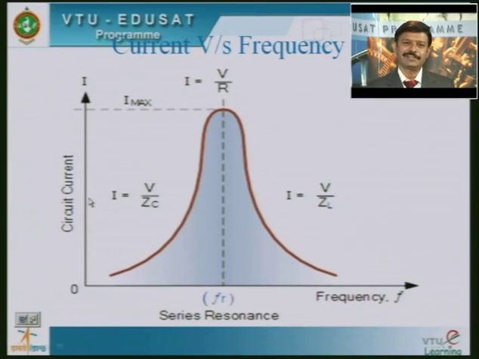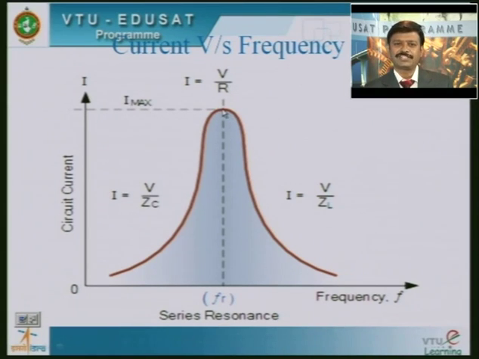This point is the point of resonance, where current is maximum. Current increases while the circuit is capacitive in nature, because in a capacitive circuit current leads.